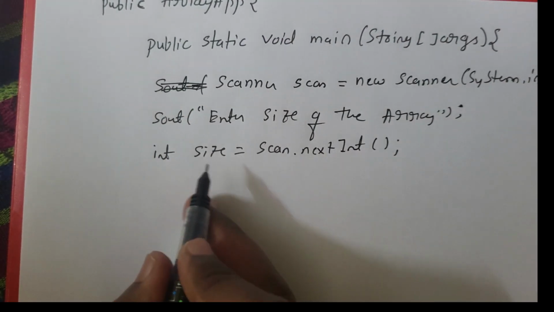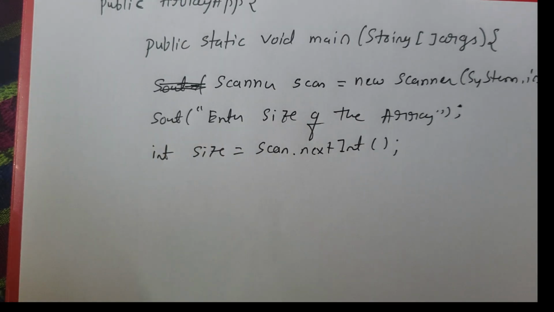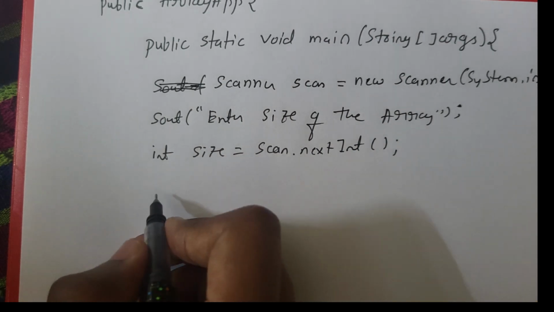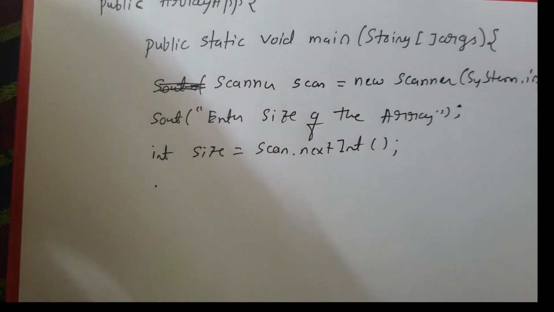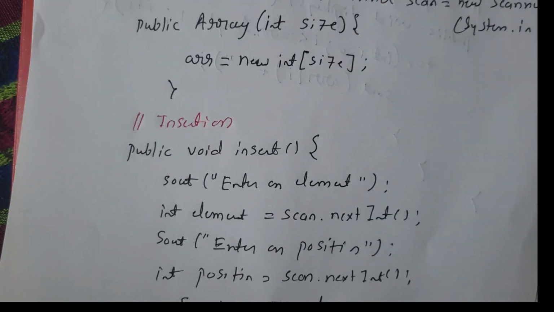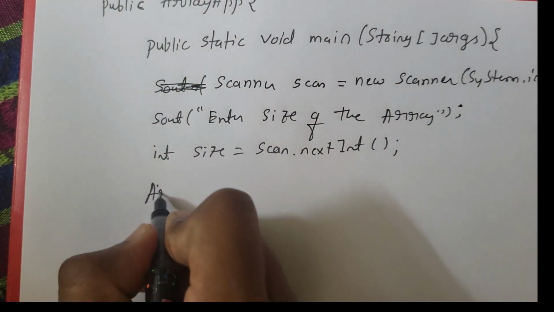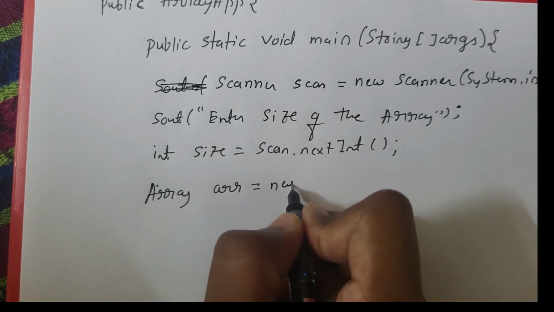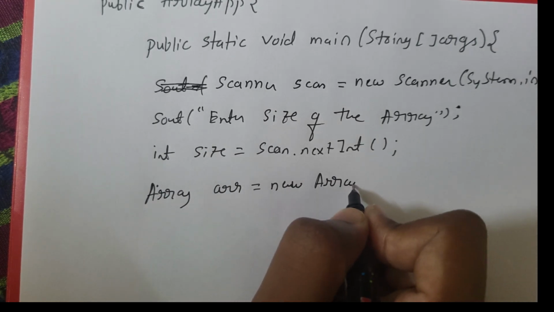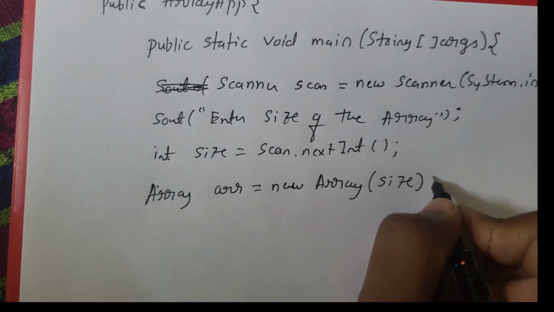Now we have to pass the size to our array class, means we have to initialize our array. So what we will do, we will create one object, an array object, to call the insertion, deletion logic whatever we've written here. For this class we will create one object, I will take the name array equal to new Array, and we will pass size.